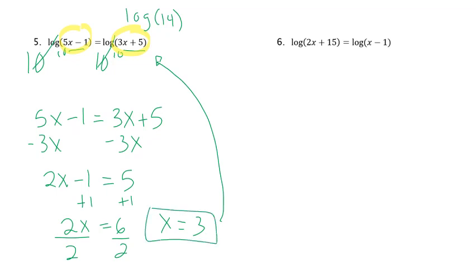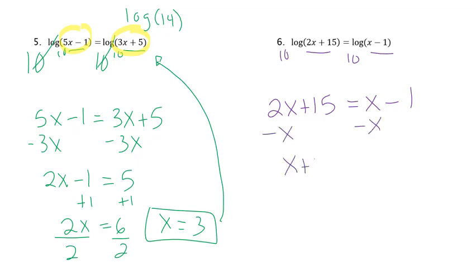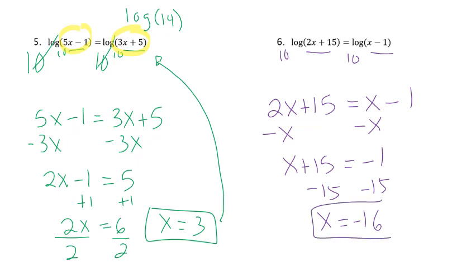For the last problem, same thing. If I raise them to the same base, again, log to log, it's just setting those equal. So 2x plus 15 equals x minus 1. If we go ahead and solve, we get negative 16.